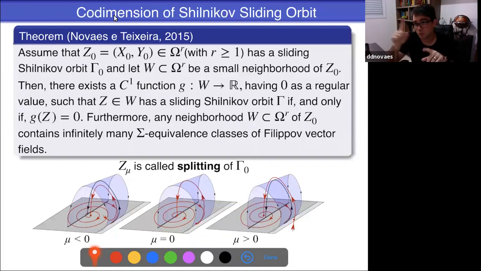And we could assume that this intersection is transversal. In this situation, Z mu is called a splitting of gamma 0. So this basically states that this connection is also a codimension 1 phenomenon.